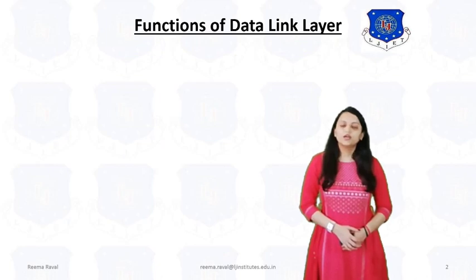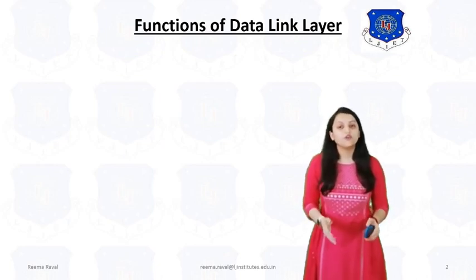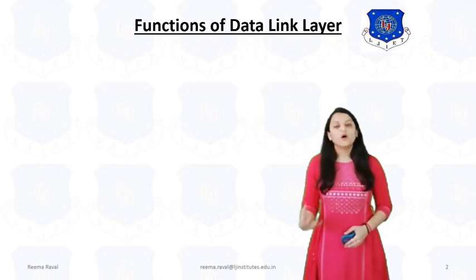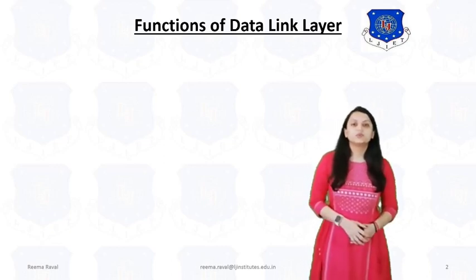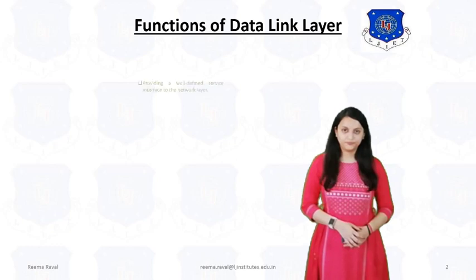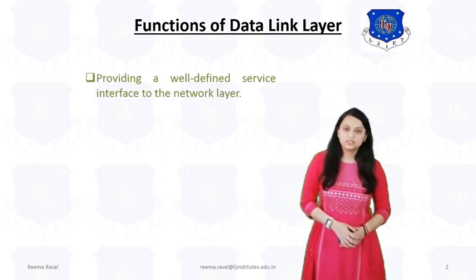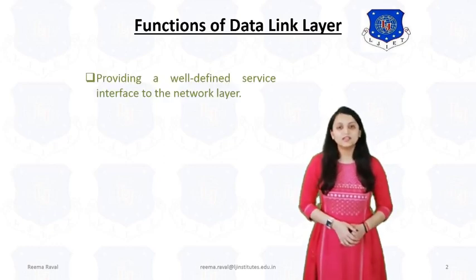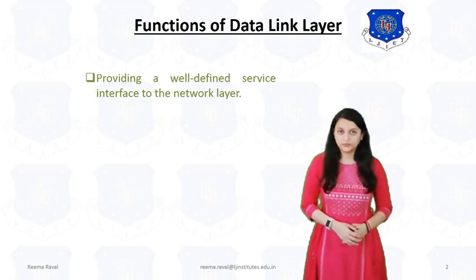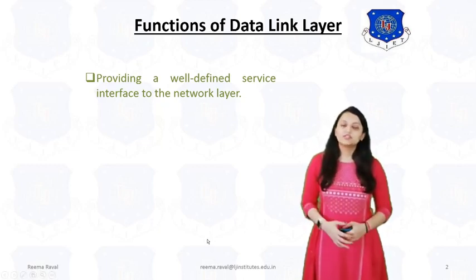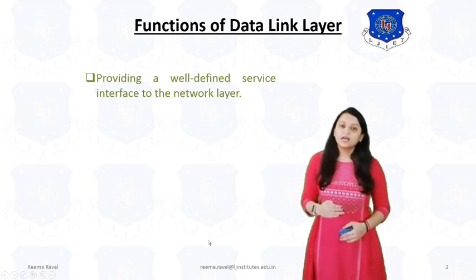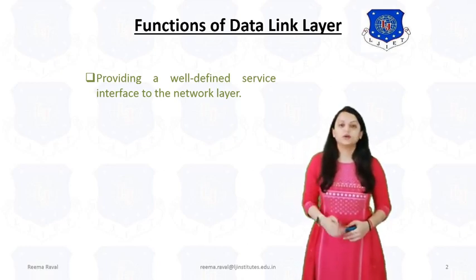So first of all, let us see the functions of data link layer. What does a data link layer do and what services does it provide to its lower and upper layers? So the first function is to provide a well-defined service interface to the network layer. As we know that in the OSI reference model, the layer above the data link layer is the network layer.